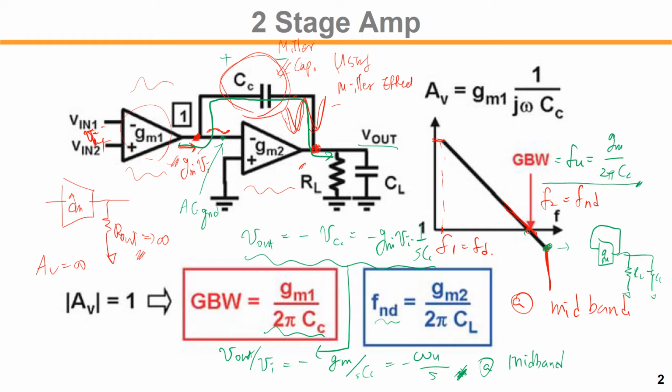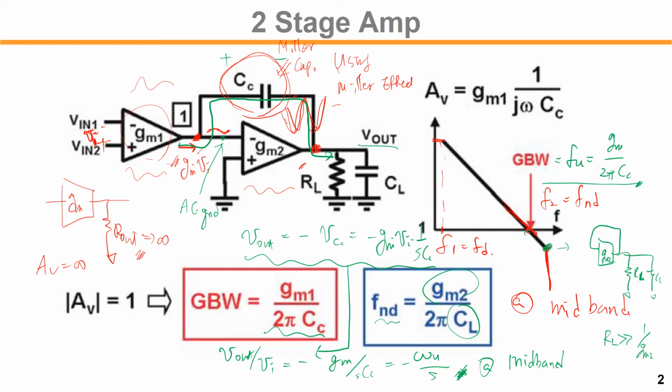If RL is much larger than 1 over GM2, then we can approximate the second pole location as 1 over GM2 over CL, that would be the omega second pole location.